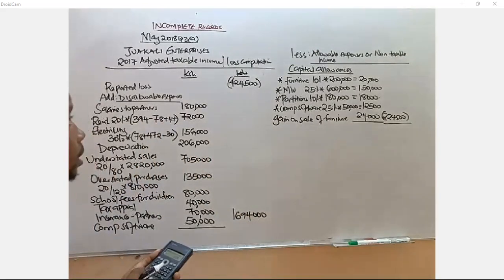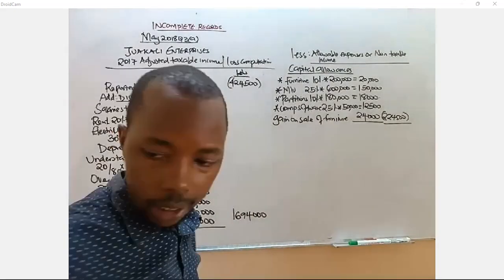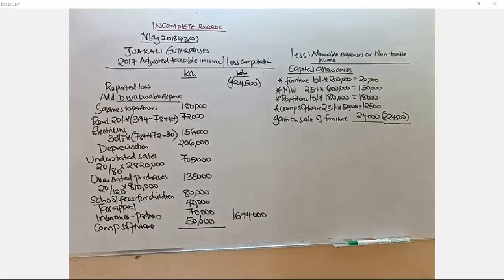So 1,694,000 minus 424,500 minus 224,500. How much are we supposed to be getting at the end of the day?